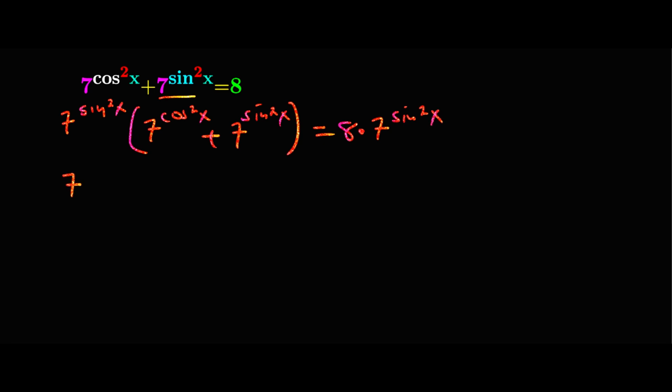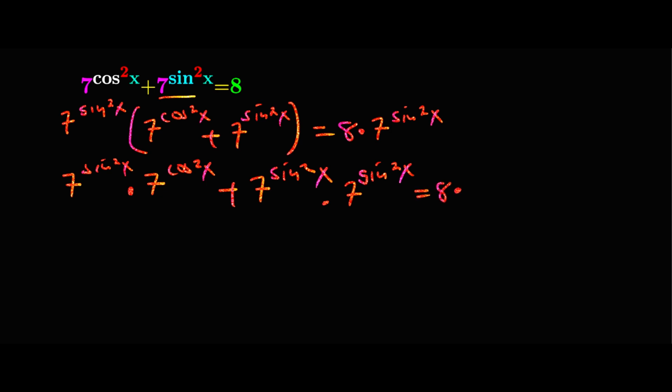So that we have 7 raised to sine squared of x times 7 raised to cos squared of x plus 7 raised to sine squared of x times 7 raised to sine squared of x, and that's equal to 8 times 7 raised to sine squared of x.